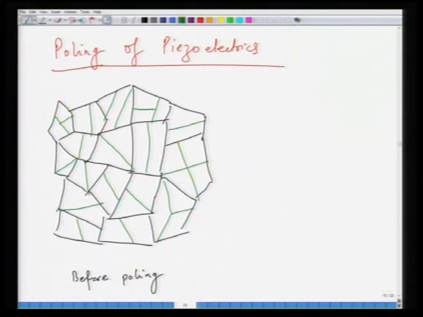Okay. Now, before poling, we have a random distribution of domains.